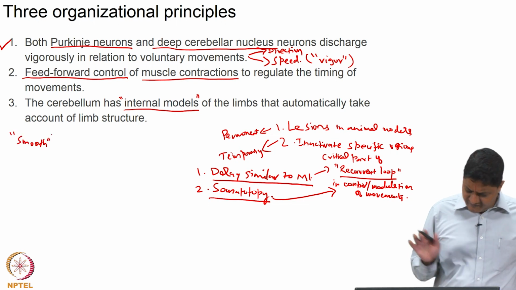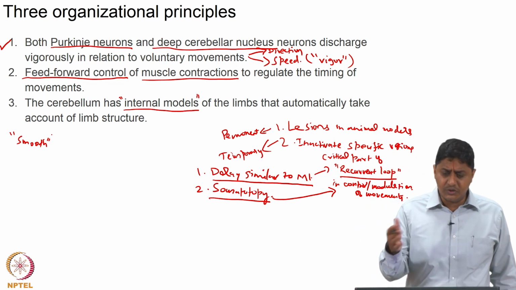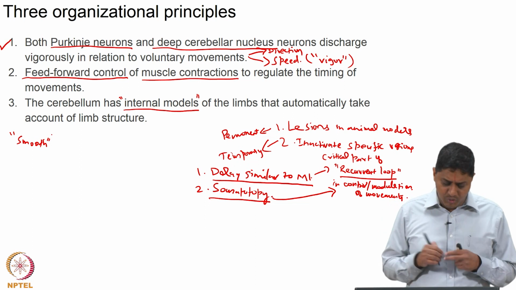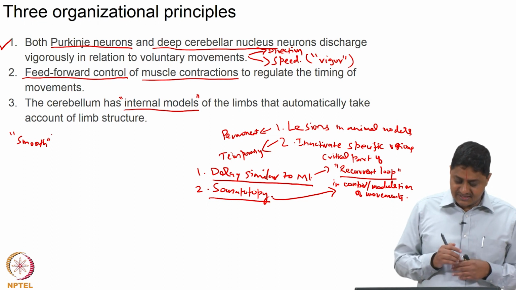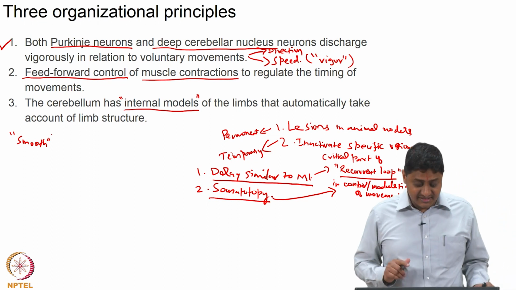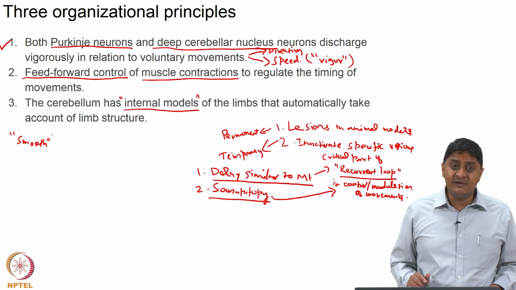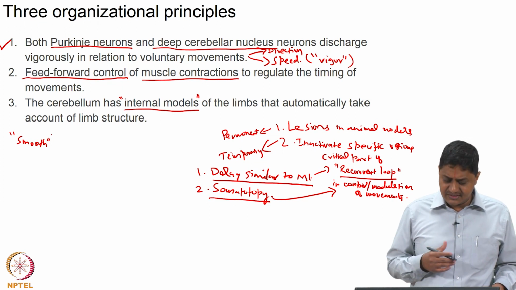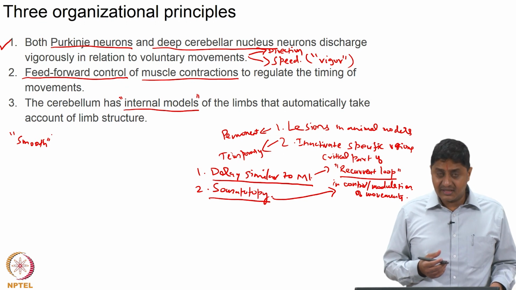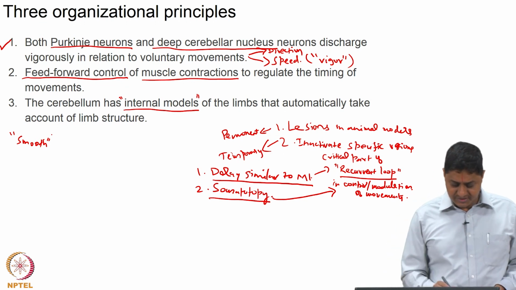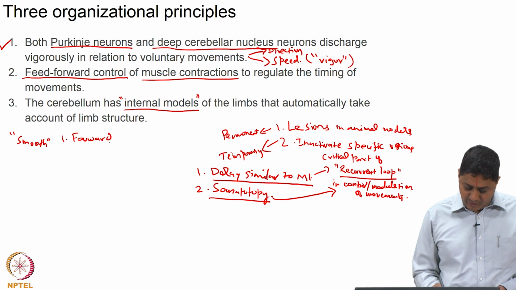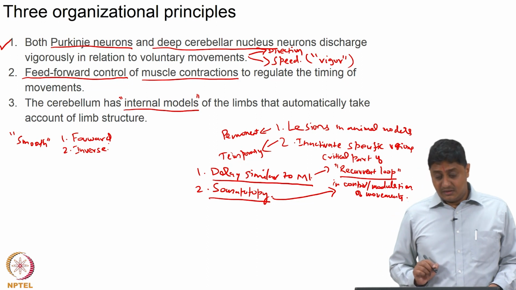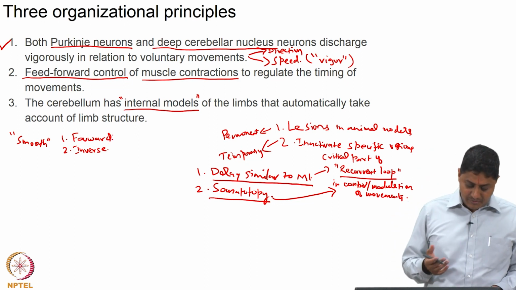And it is well accepted that humans are extraordinarily good at performing smooth movements. How do we do this? It is believed by at least some scientists that the cerebellum has internal models. These can be either forward models or inverse models.